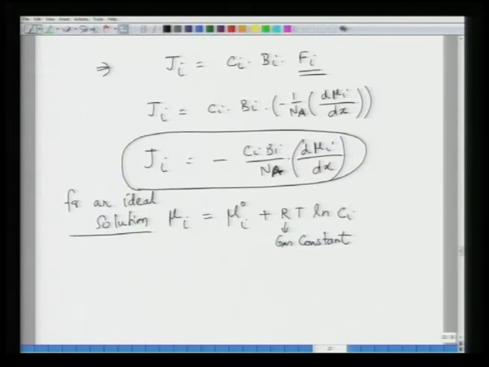So, the change in the chemical potential can be written as, since this is for a standard state, d mu i naught will become equal to 0, and this will become equal to RT d ln Ci.